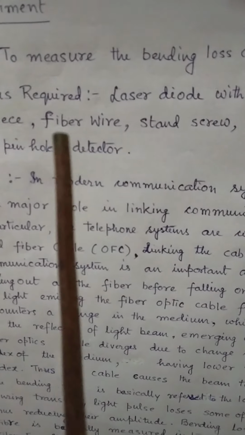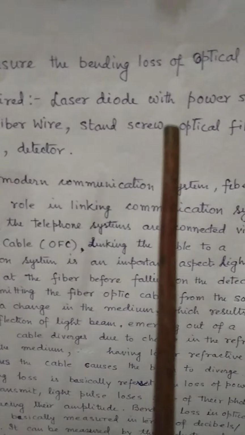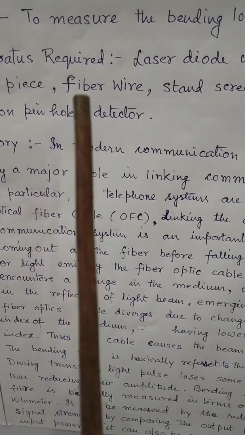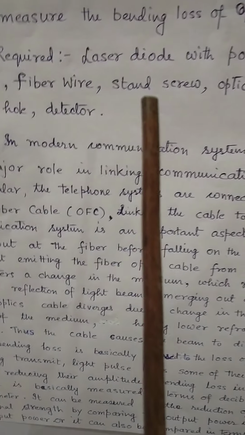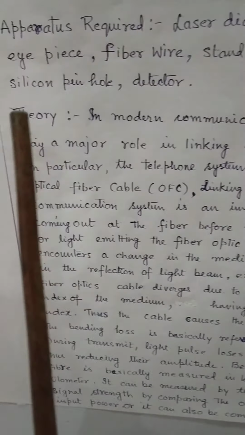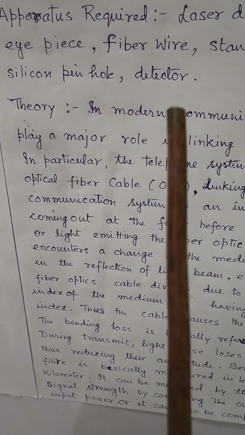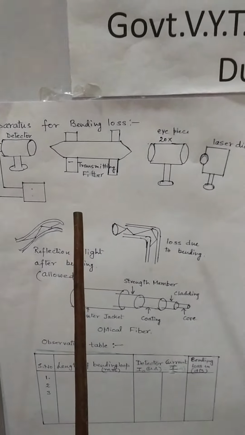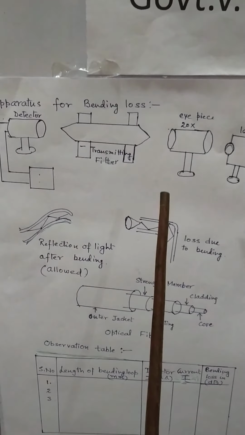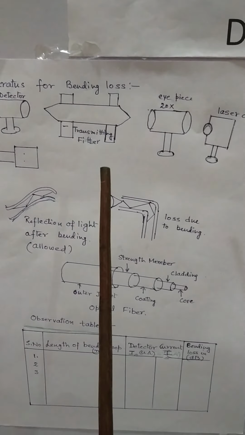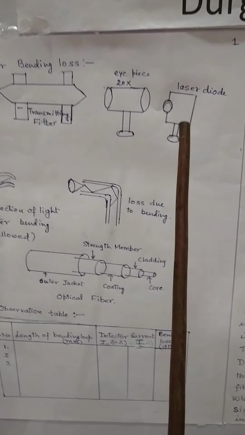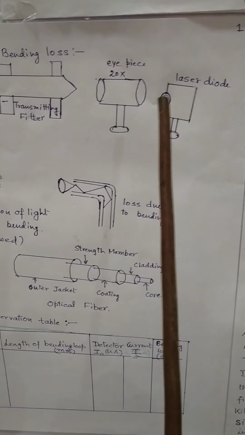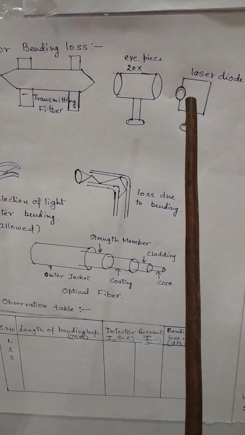The apparatus required is a laser diode with power supply, eyepiece, fiber wire for connecting, stand screw, optical fiber, silicone pinhole, and detector. So this is the diagram to show the setup for measuring bending loss of optical fiber. Here this denotes the laser diode, which is the source of light.